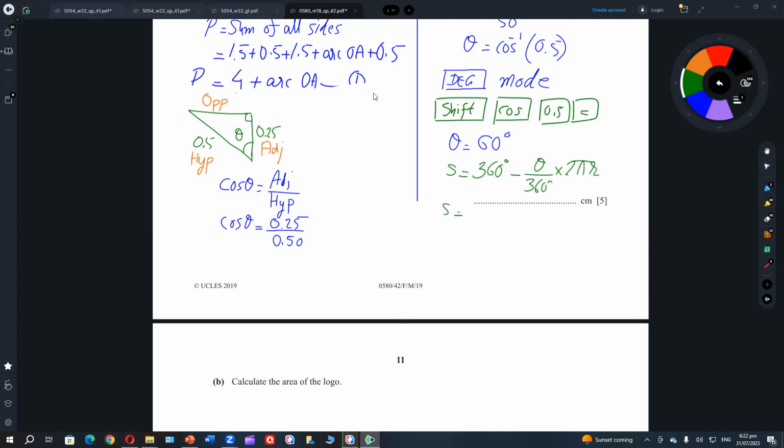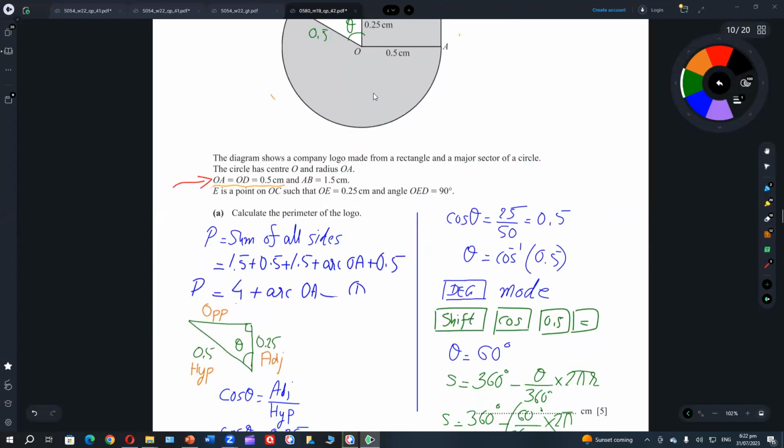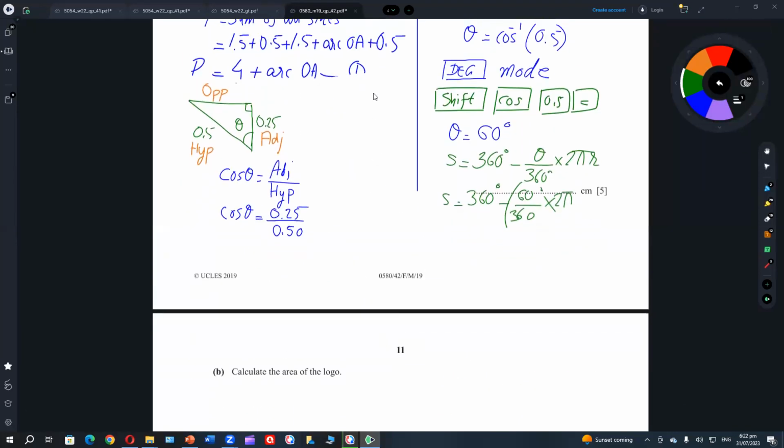So S is equal to (360 minus 60) upon 360 into 2 pi. What is the radius? Radius is 0.5. 2 pi into 0.5. Now solve this to get the arc length.